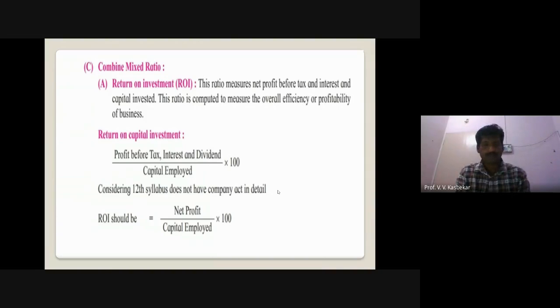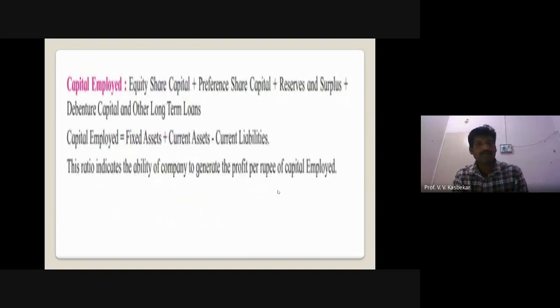Then ROI should be net profit divided by capital employed into 100. Capital employed is capital used, invested into the business. And capital employed will be equity share capital, it is for a company, equity share capital plus preference share capital plus reserves and surplus plus debenture capital and other long-term loans.